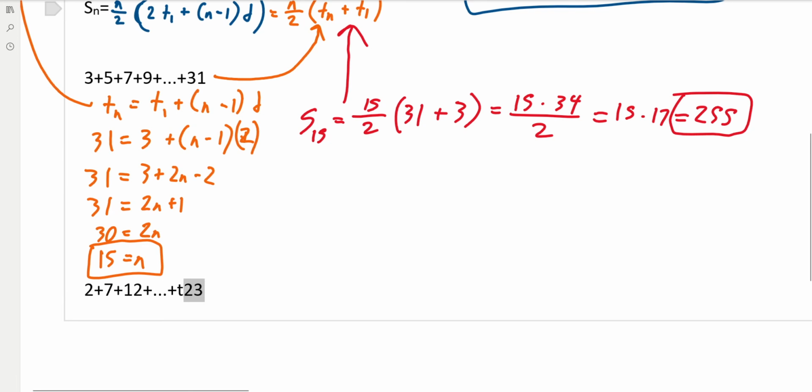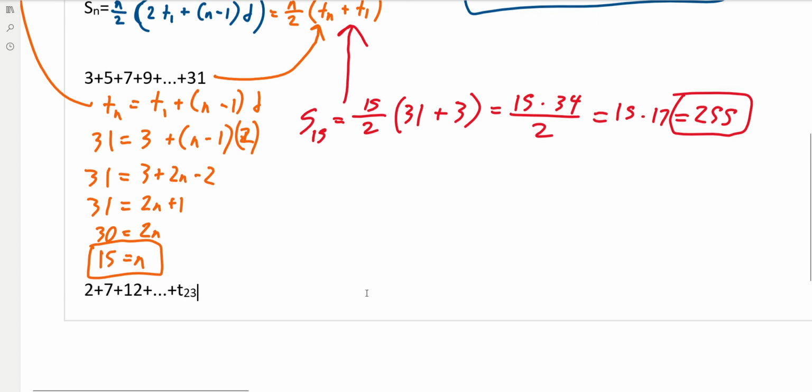Let me just make that a subscript 23. There you go. So this is another question: 2 plus 7 plus 12 plus some value all the way up to the 23rd term. So what are we going to do with this?